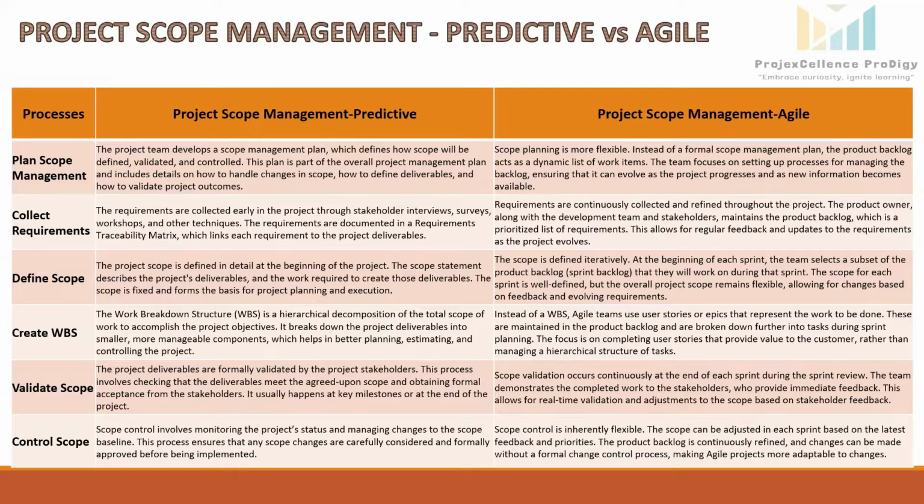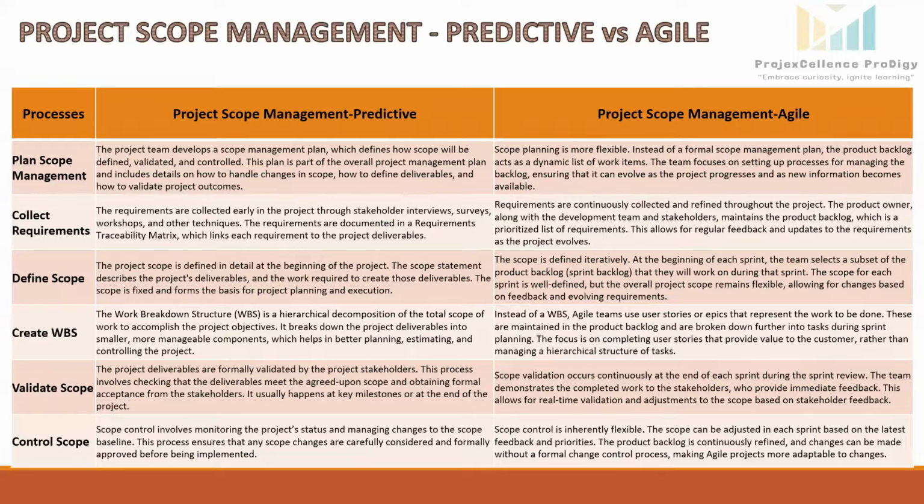Whereas in agile project, scope planning is more adaptable instead of a detailed plan. The product backlog is used. The team focuses on managing this backlog, allowing it to change as the project evolves and new information comes in.